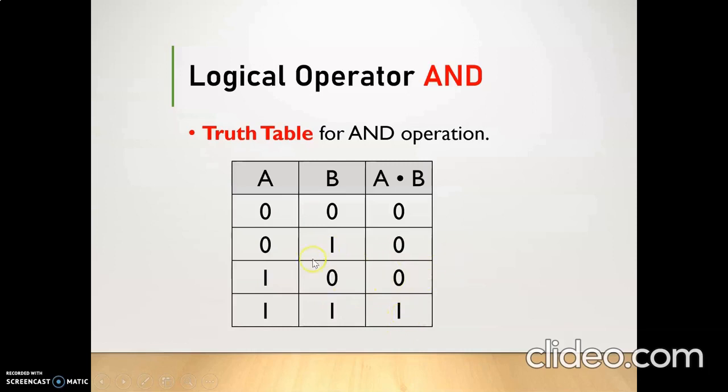Because we already know that when AND is involved, we have to have both inputs or all inputs true. If we have more inputs, all inputs must be true, then only AND will produce true. If any one is false, then the answer is going to be false. Of course, when all are false, it's going to be false.